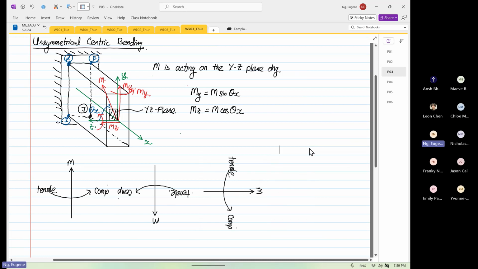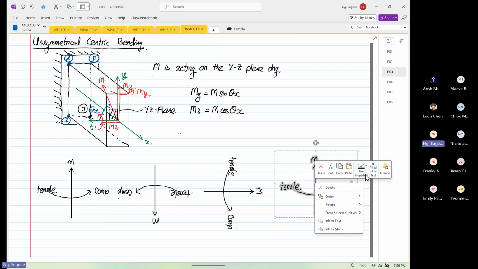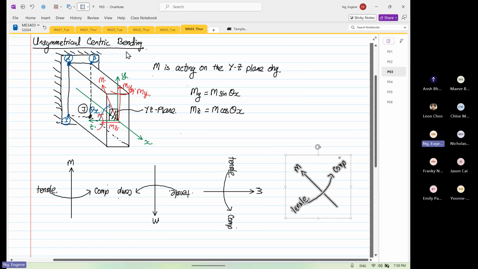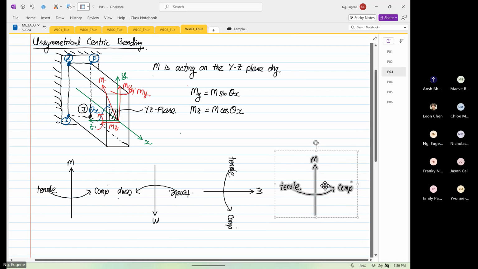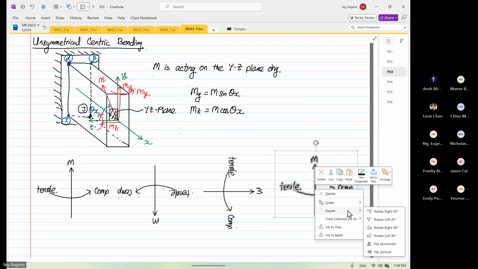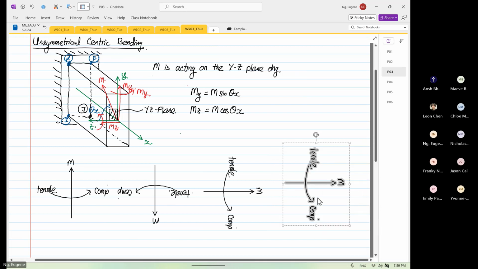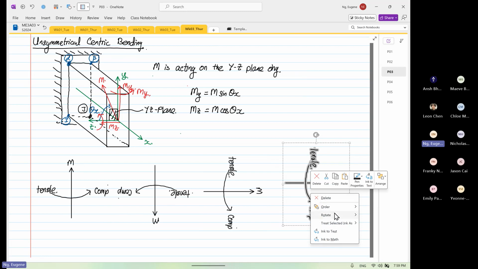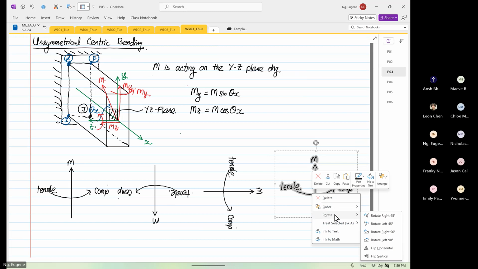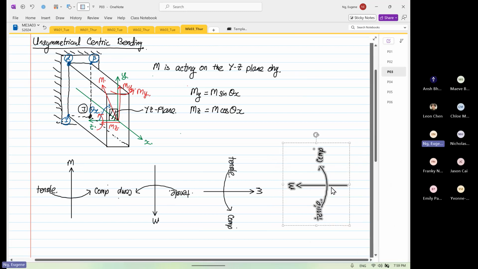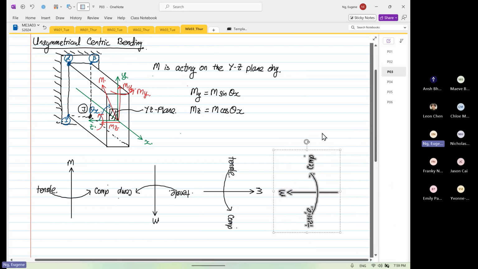And then if the moment is going towards the left, now it changes. It's like rotating your paper.